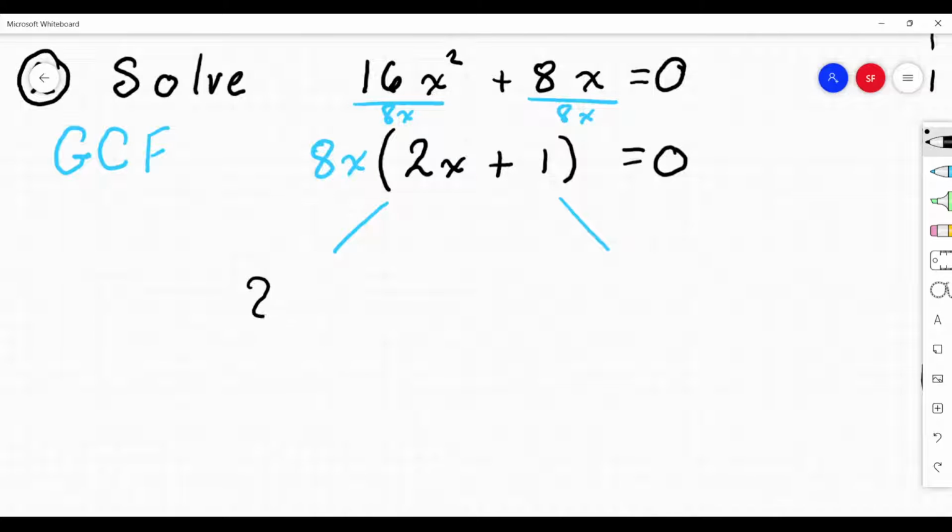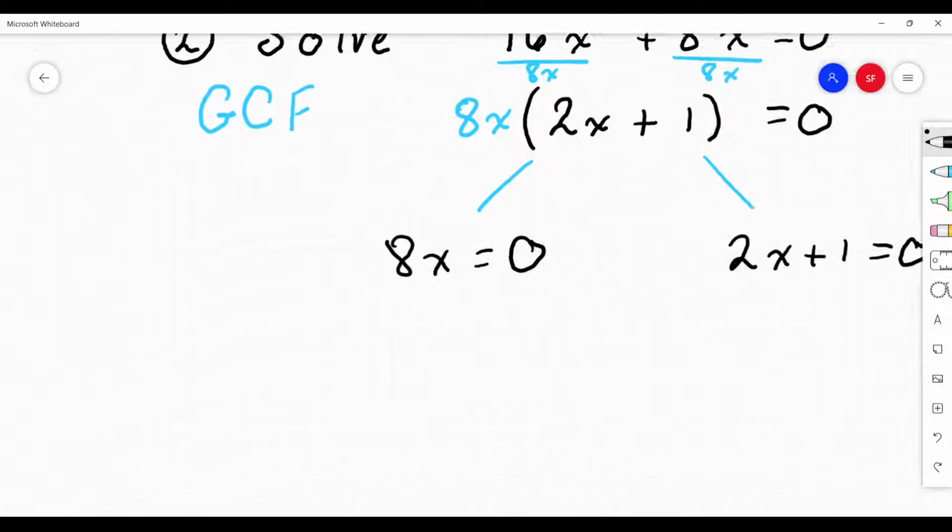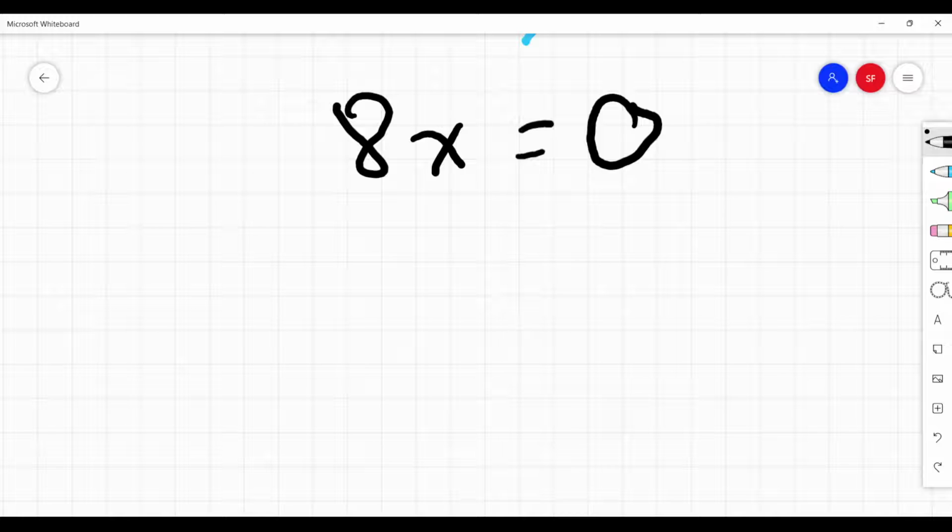So we're going to say 8x equals 0 and 2x plus 1 equals 0. Then to finish out, all we have to do is solve each one of these little baby equations, which shouldn't be all that hard.